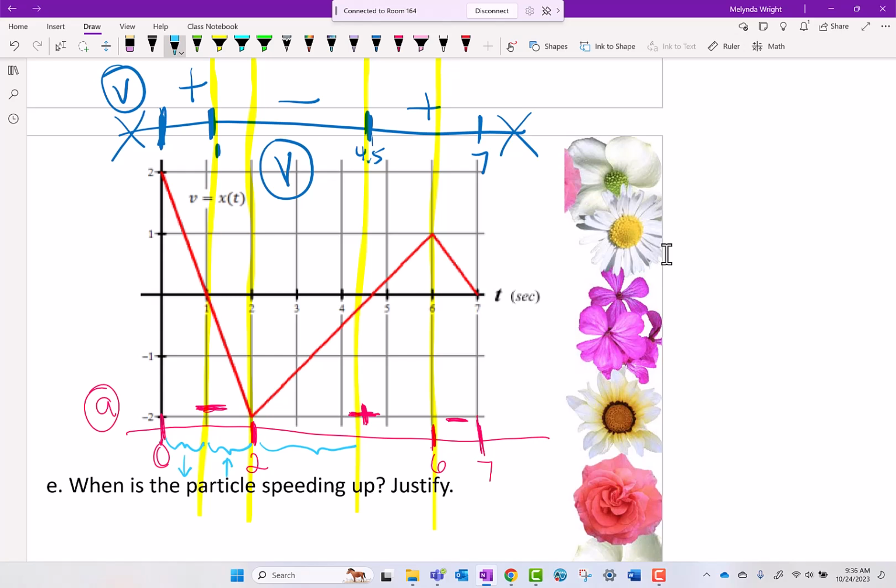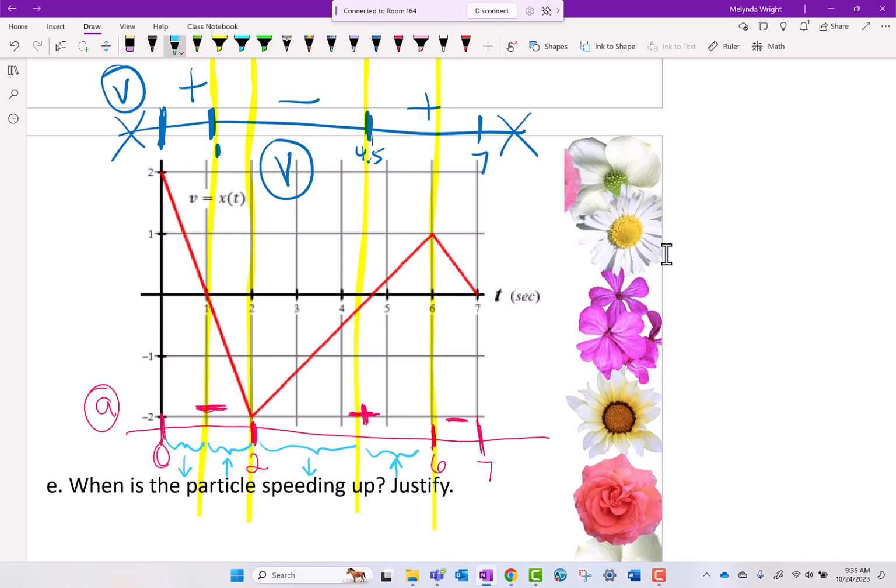I'm hoping we're okay. Now I'm going between 2 and 4.5. Between 2 and 4.5, I've got negative velocity and positive acceleration, so I'm slowing down. Between 4.5 and 6, I've got positive velocity and positive acceleration. I'm speeding up. Y'all see what I'm doing?